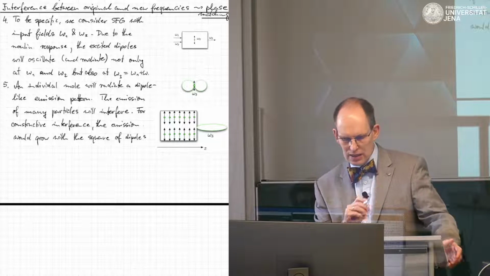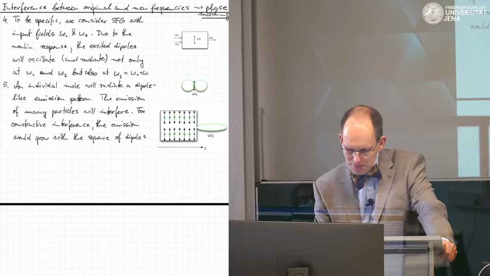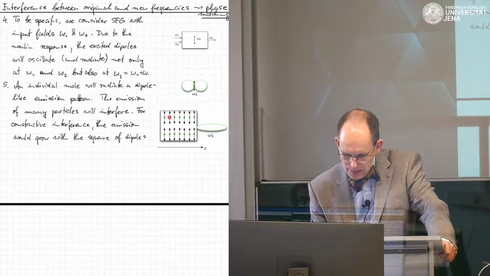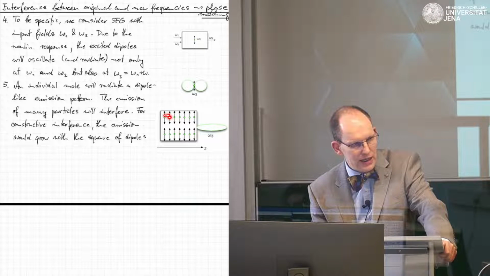And now you see what happens. Yeah? So this one here is later excited. This was excited earlier, so this emission starts earlier, but arrives just here when this here is excited. Right?